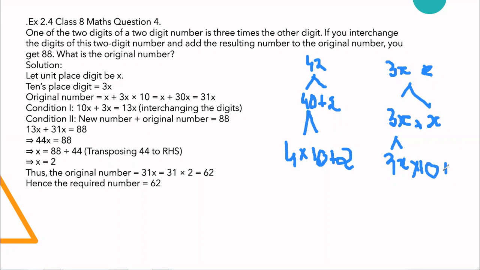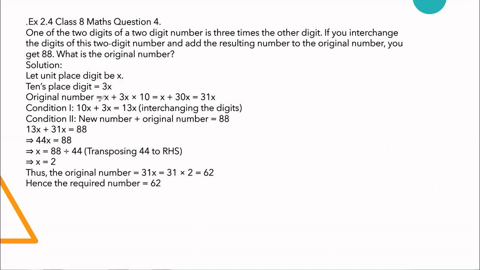And that will be added with x. So guys, that's how we got 3x multiplied with 10 plus x over here. Now, 3x multiplied with 10 is nothing but 30x. So x plus 30x is nothing but 31x. So guys, I hope that was clear how we arrived at our original number. Always remember, if we have the original number to find out, we always use this simplification.